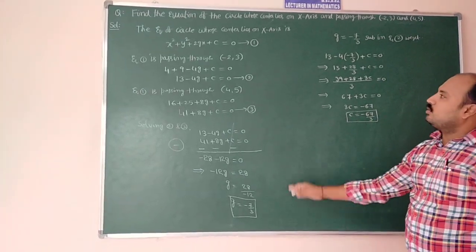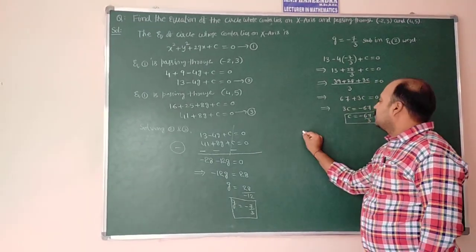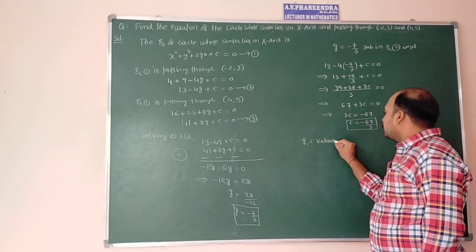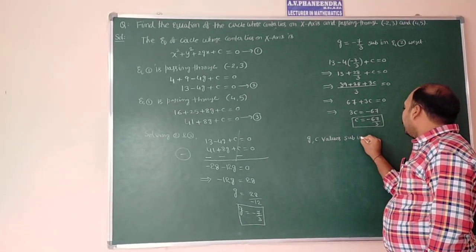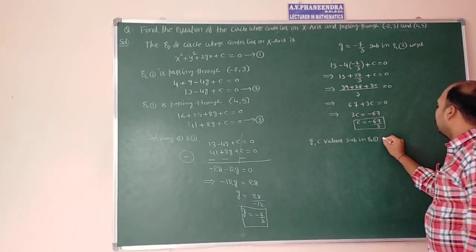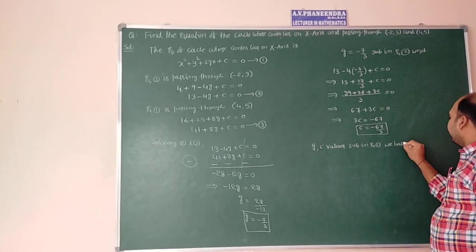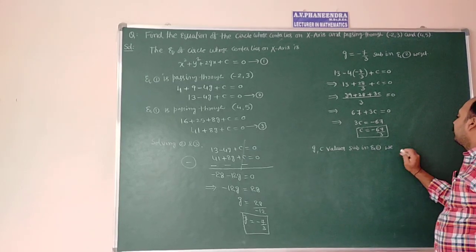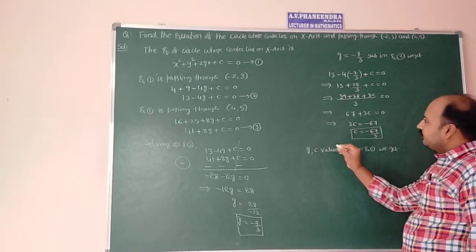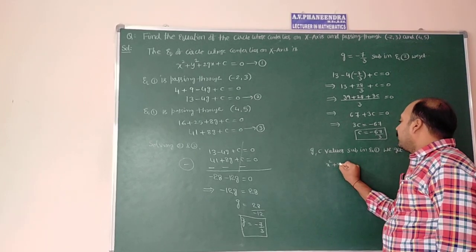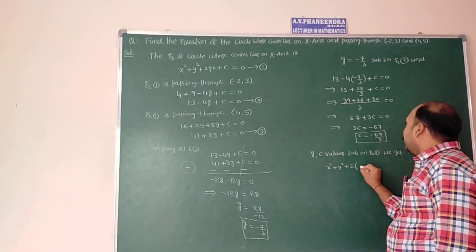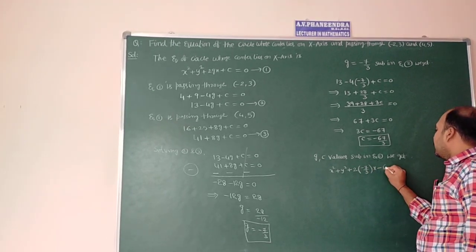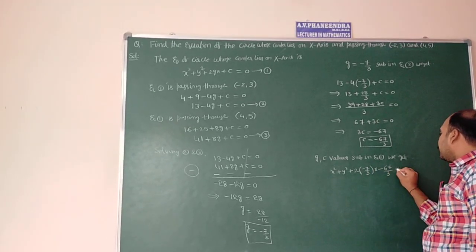The c value and g value, substitute in equation 1. We get the required equation of circle: x square plus y square plus 2 into minus 7 by 3 into x minus 67 by 3 equal to 0.